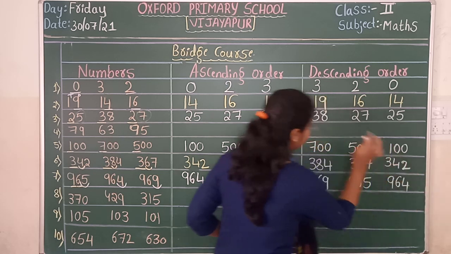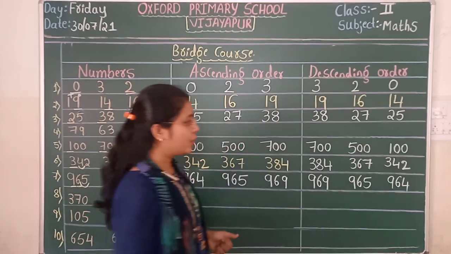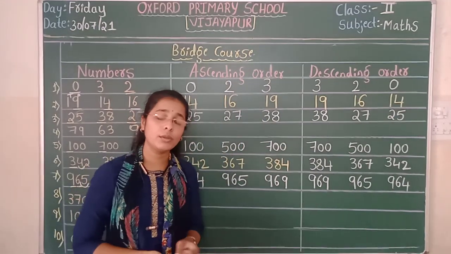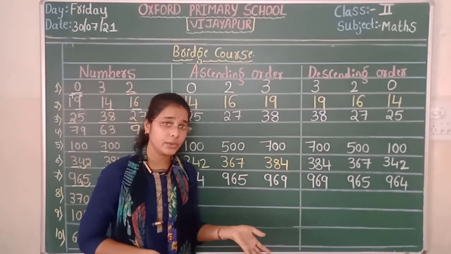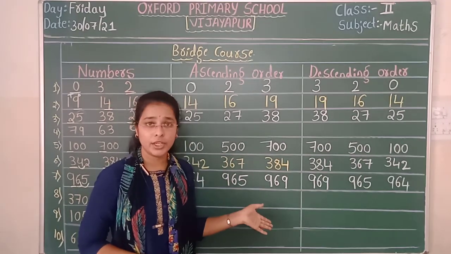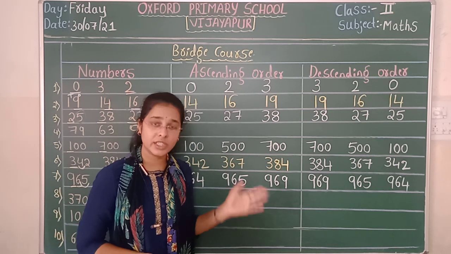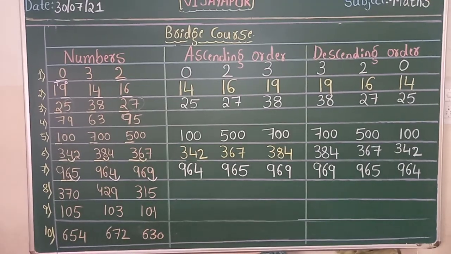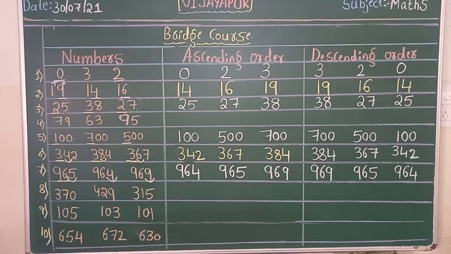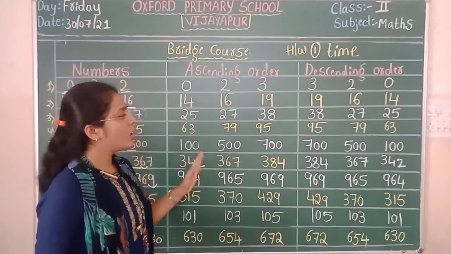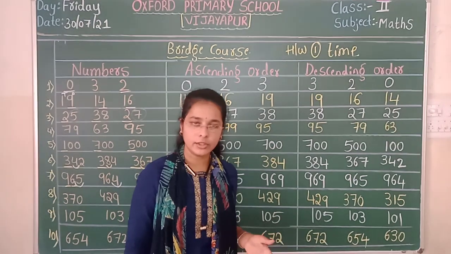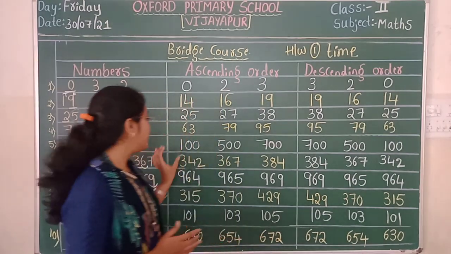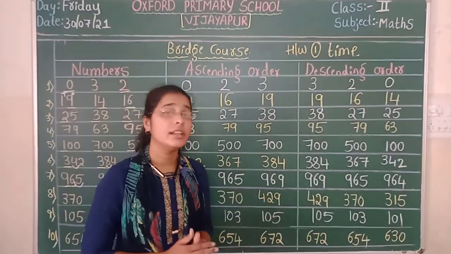These remaining 4, you have to copy down in your notebook. Try to do it. Afterwards, pause the video and write the answer. You have to check your answer with these answers. See children, all the answers I already wrote, means I arranged these numbers in ascending and descending order.